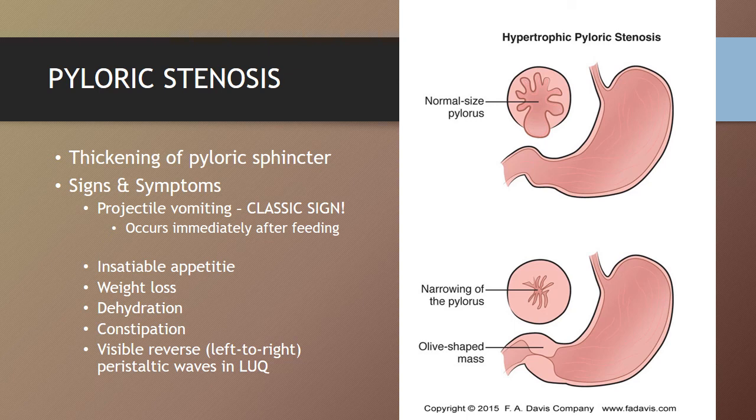Weight loss, dehydration, constipation, and visible reverse or left to right peristaltic waves in the left upper quadrant. You can actually visibly see the peristaltic wave in their abdomen, and it's going in reverse. So it's pretty interesting to see, but definitely projectile vomiting is the classic sign for this.